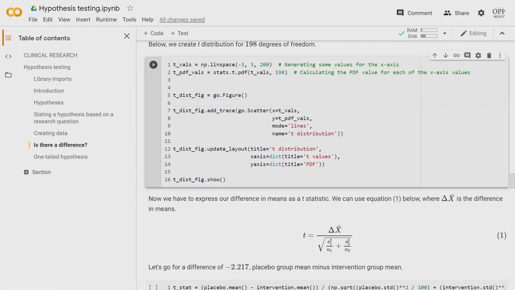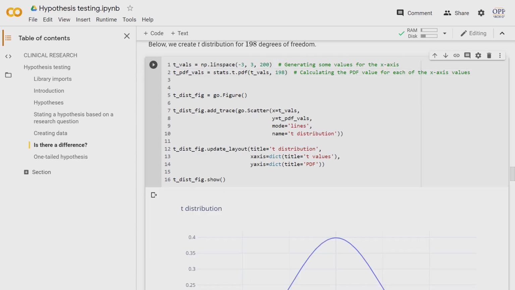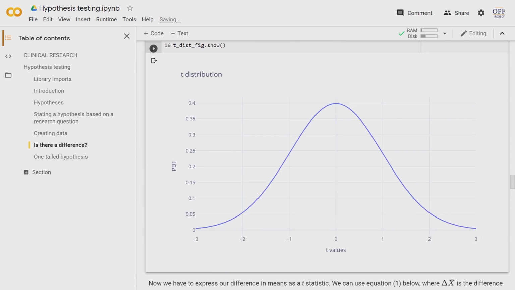And I'm just going to use what we did last time, but this time I'm going to go from -3 to 3 and then draw the probability density function for you here for t-distribution with 198 degrees of freedom. There you see. Now, our difference is going to fall somewhere on this. This is how we simulate, with this probability density function, all the possible outcomes.